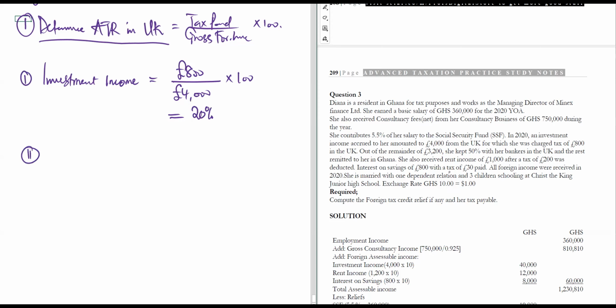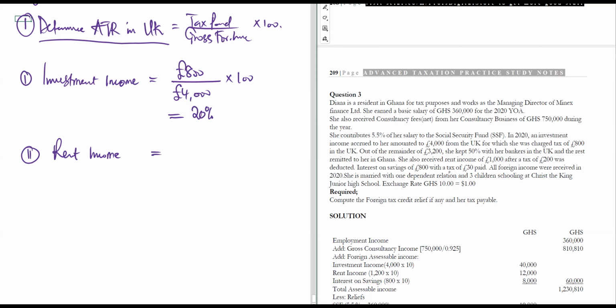What was the second income Diana received? She also received rent income of 1,000 after tax of 200 was deducted, right? So the 1,000 is net or gross?